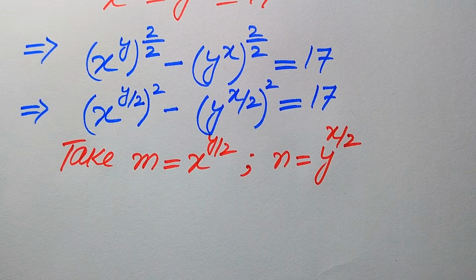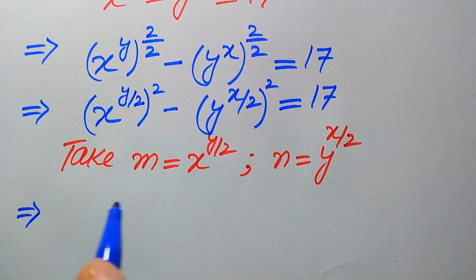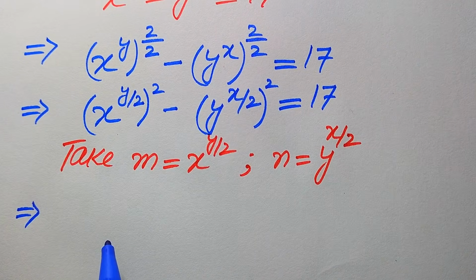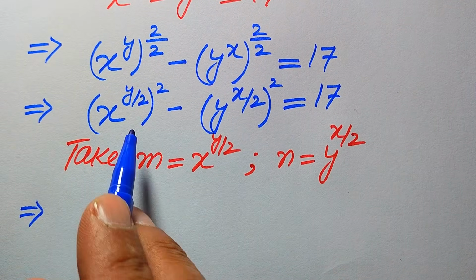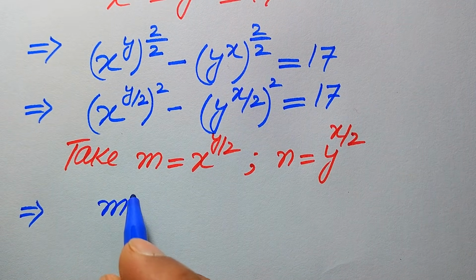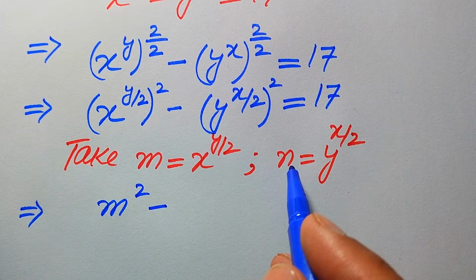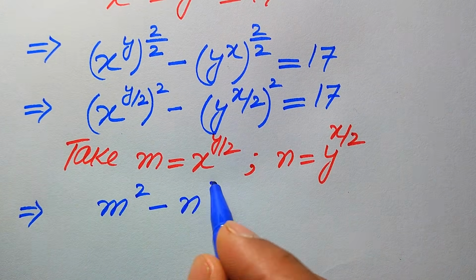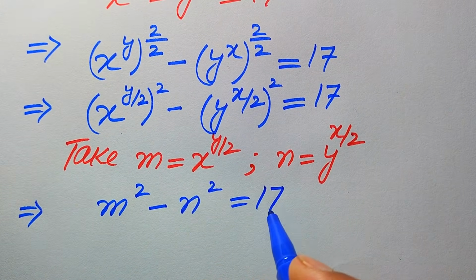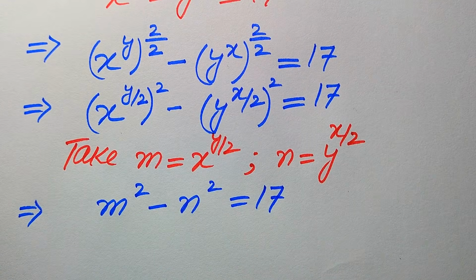After substituting these two values, our above equation becomes m square minus n square equals 17.